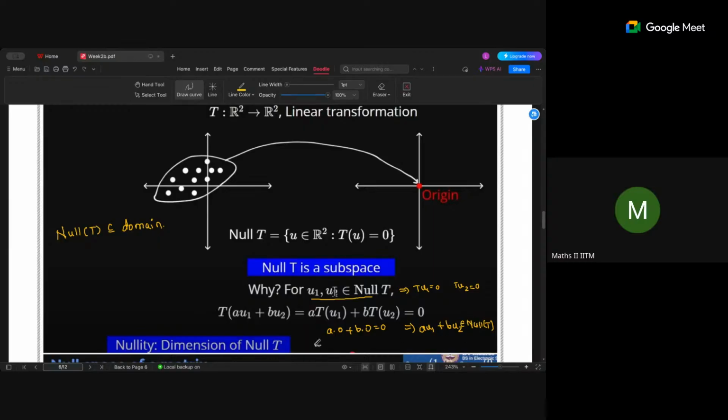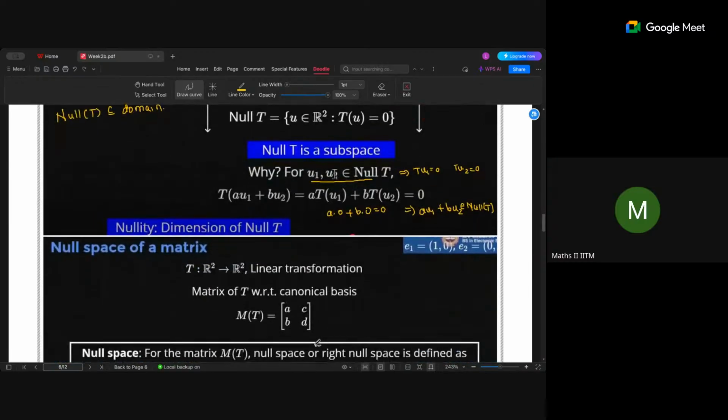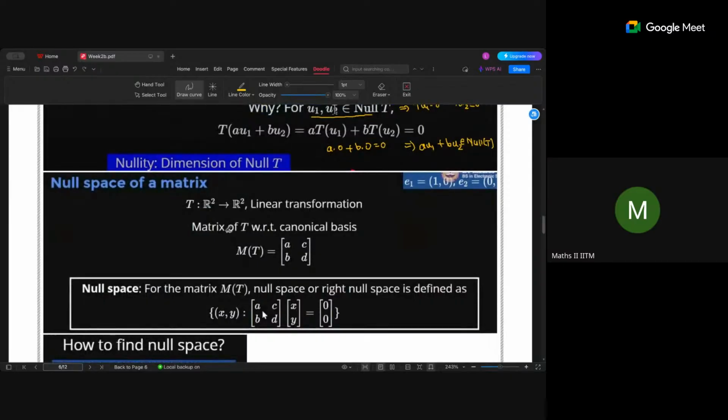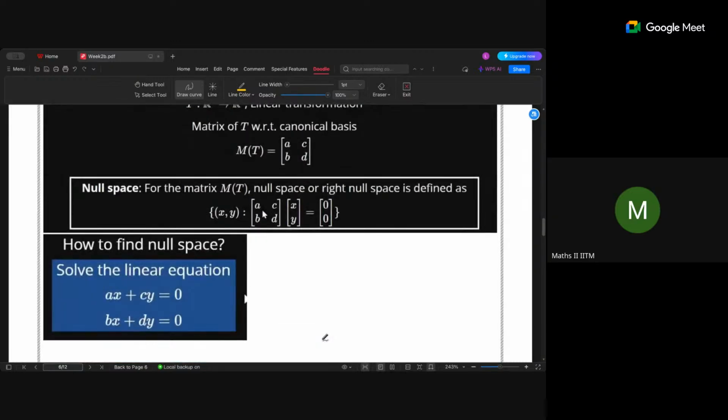So how do you find the null space of a matrix? This is very much related to systems of linear equations. Let's say this is the matrix representation of T with respect to the canonical basis. Now what is the null space? Null space is the set of all vectors (x, y) such that the matrix times (x, y) equals 0.